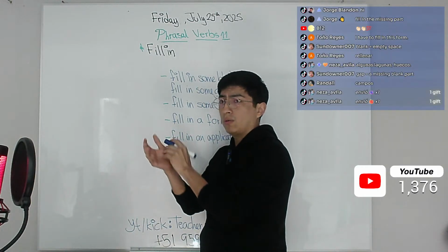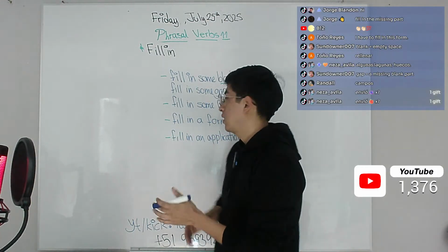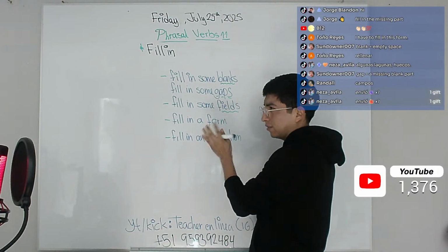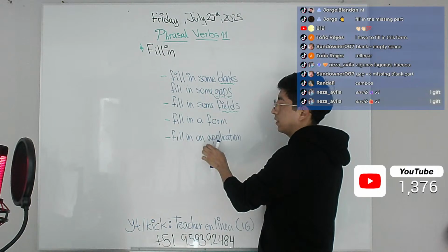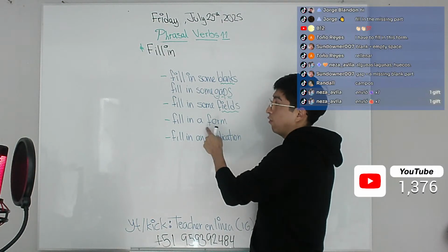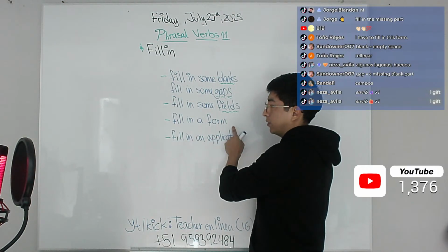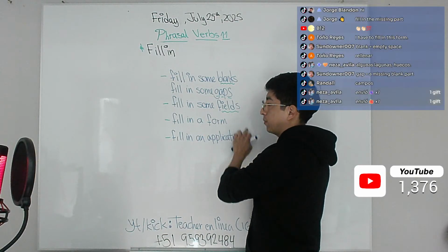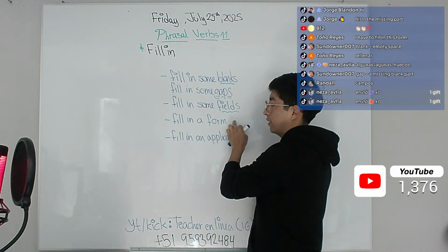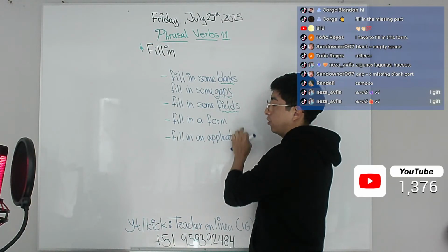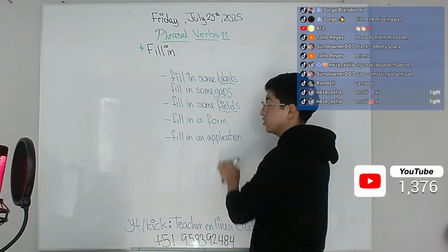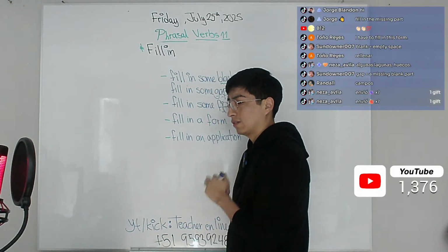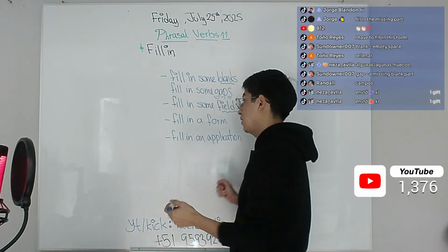You have to complete all these documents, or you can also have an application. This is very similar, for academic purposes or for work. If you're applying for a job, you need to fill in a form or you need to fill in an application with your personal information. That is another way to say that.